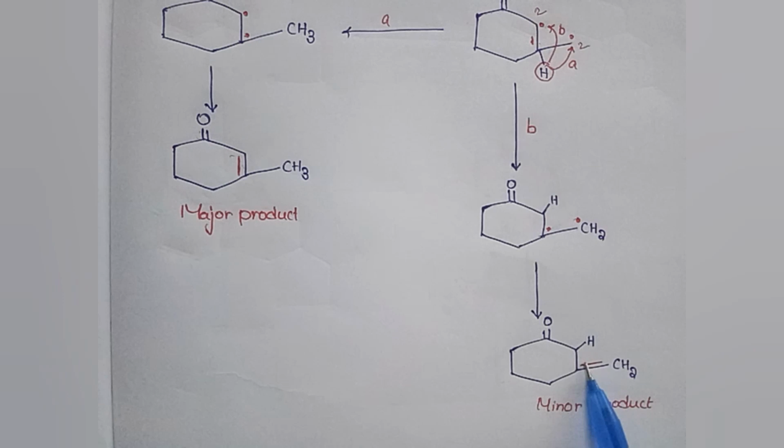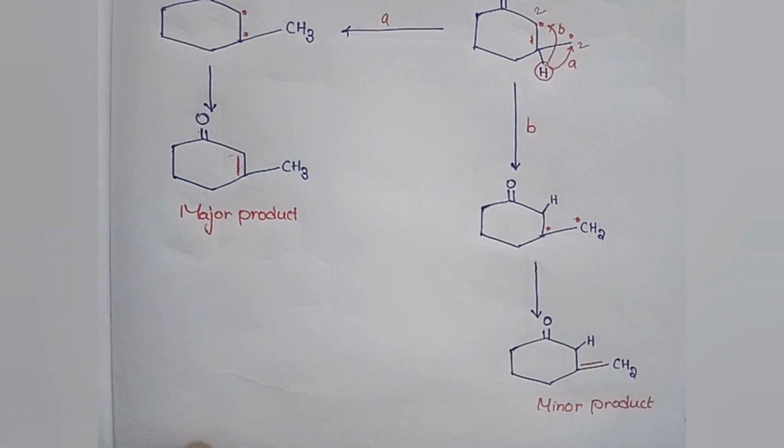It is represented in red color. So this is a minor product because it is less stable. Why? Because there is a double bond here, then a single bond, then a single bond, then a double bond. So it cannot have resonance. So it is less stable. That is why this is a minor product.